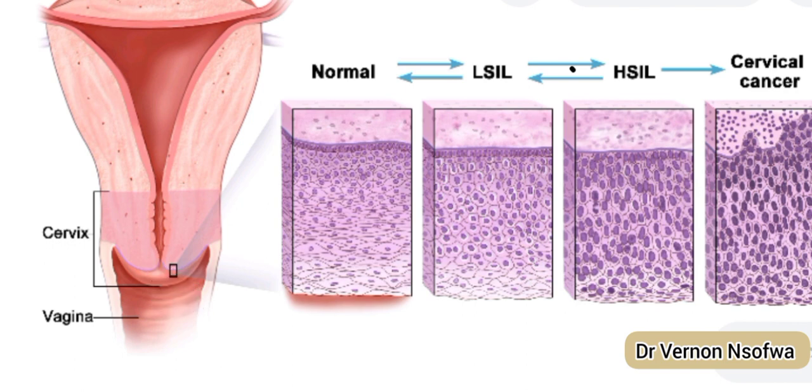What you should know is that this part of the cervix, from there to there, is called the endocervix, and down here, this part of the cervix is called the ectocervix. The ectocervix is the one exposed to the outside, to the vagina. The junction between them is called the transformation zone or the squamocolumnar junction.